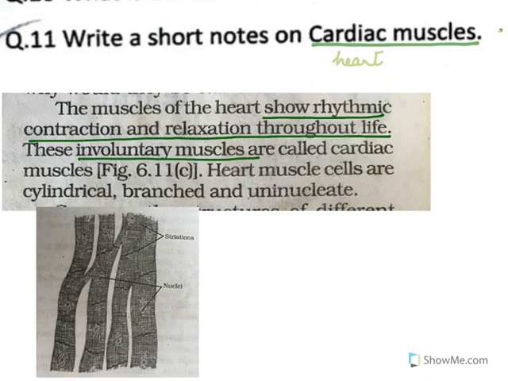And the third point, the cells are cylindrical, branched, and uninucleate. This is the diagram you will have to draw. So let me go over it. First, they show rhythmic contraction and relaxation throughout life. Number two, they are involuntary. Number three, their structure: cylindrical, branched, uninucleate. Uninucleate means one nucleus only, and they are branched, like you can see in the picture.